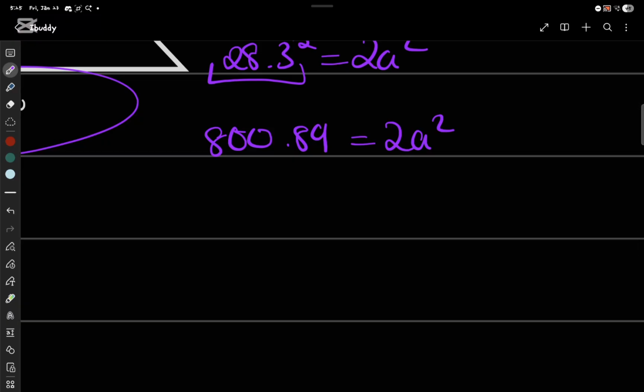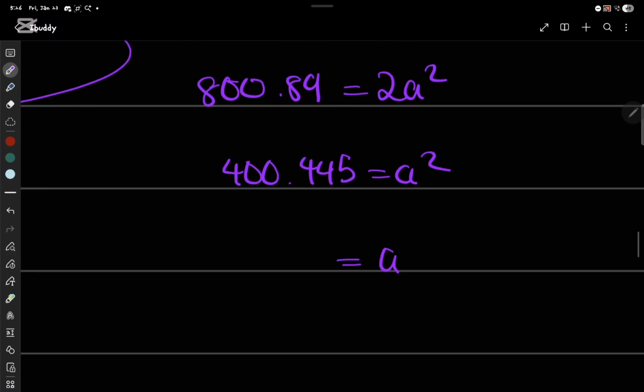You isolate for a, so 800.89 divided by 2, which is 400.445 equals a squared. So a would be the square root of that. That would be around 20.01. Of course, you don't round here, but I'm just writing it for you guys to visualize it.